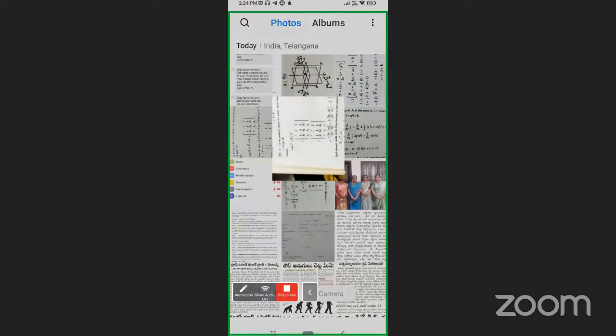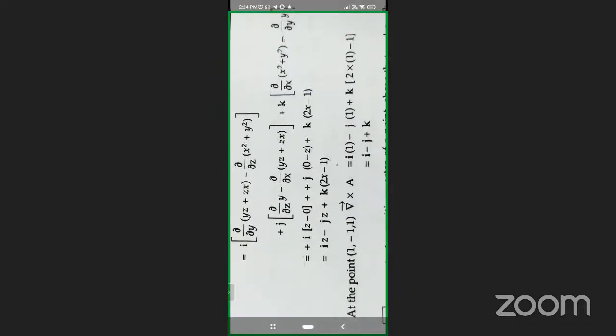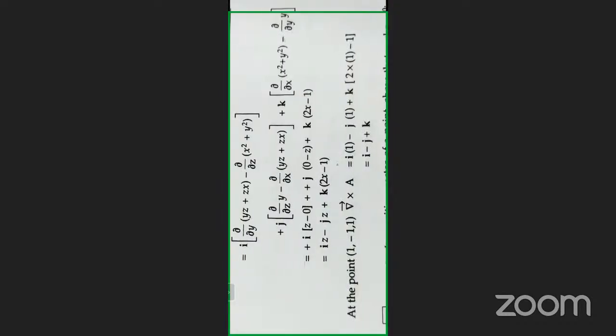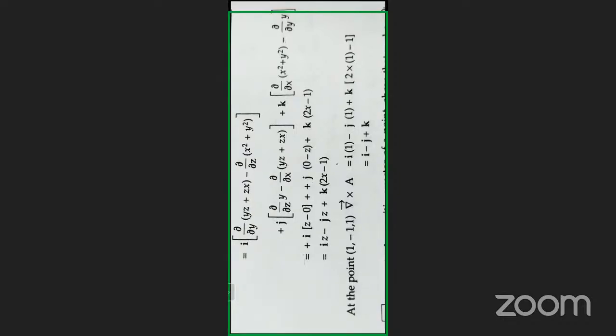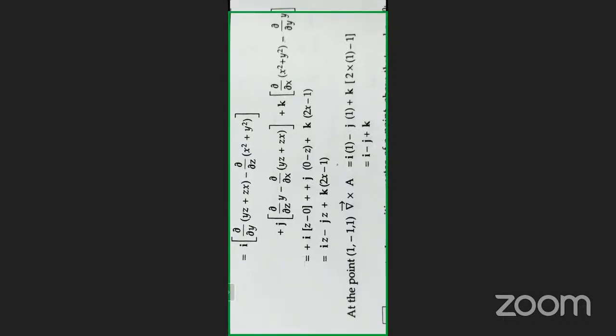See, this is cross multiplication: dou y by dou x of x square plus y square.